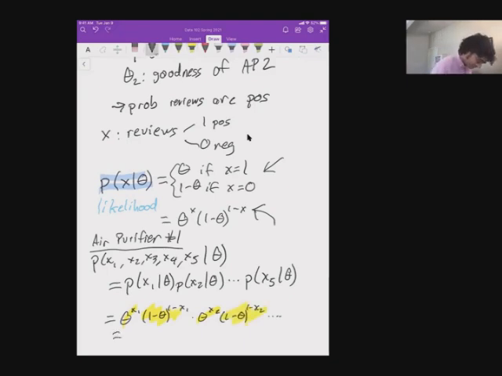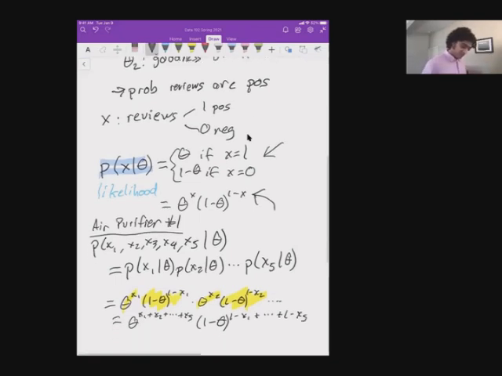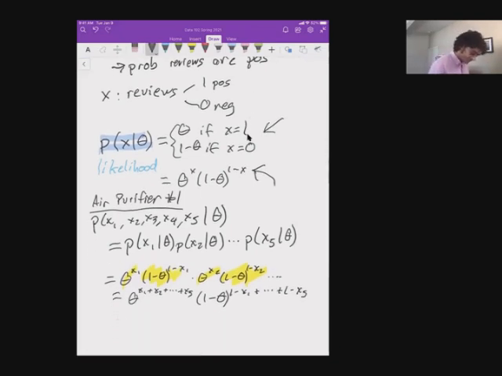So this is equal to theta to the x1 plus x2 all the way up to x5, times 1 minus theta to the 1 minus x1 plus 1 minus x2 plus and so on, up to 1 minus x5. We can simplify this a little further and say this is just theta to the number of positive reviews times 1 minus theta to the number of negative reviews.